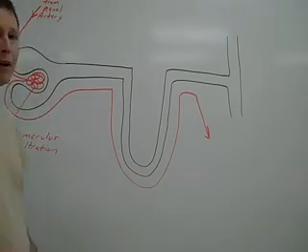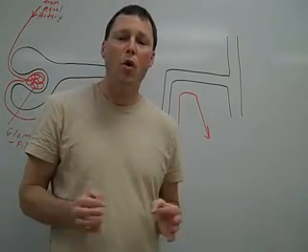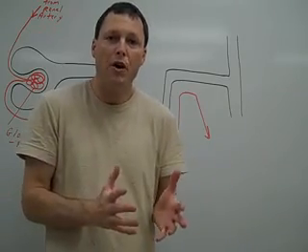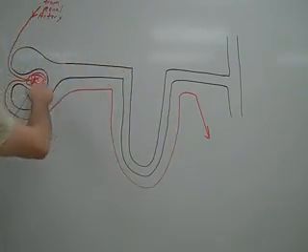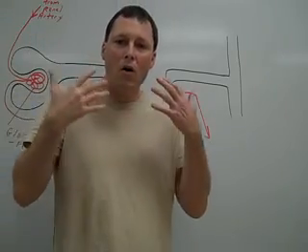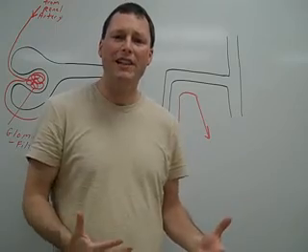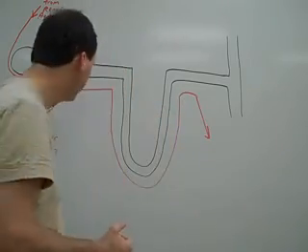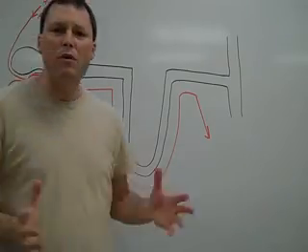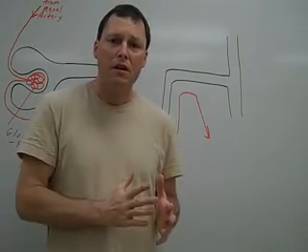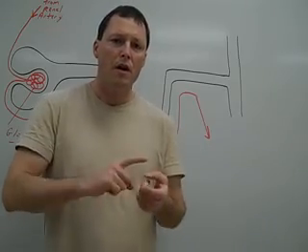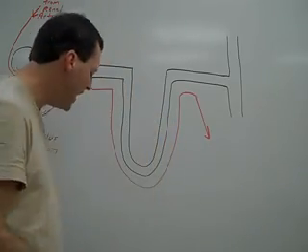This knot of capillaries actually has little holes in it, called fenestrations. And these little holes allow parts of the blood to actually leave and be filtered. Now, these holes are a certain size, so not everything can leave the glomerulus. Only things that are smaller than those holes. Anything bigger than the holes can't leave.